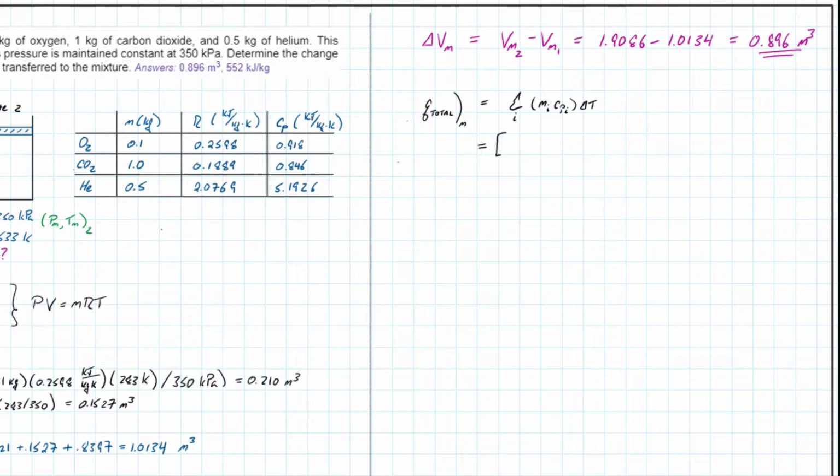But I can write this as 0.1, so that's the mass of the oxygen, times its specific heat, which is 0.918 from the chart, plus now the 1 kilogram of carbon dioxide times its individual specific heat, which is 0.846, and then the half kilogram of helium times its specific heat of 5.1926, and all of that then gets multiplied by delta T, which is 533 minus 283 Kelvin.